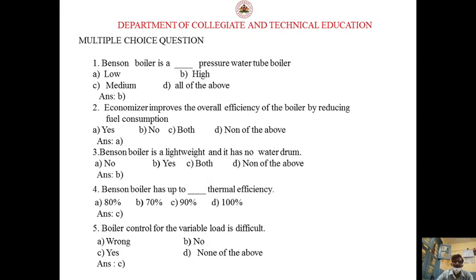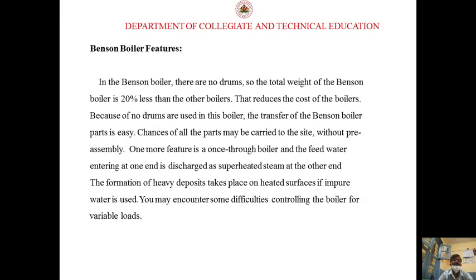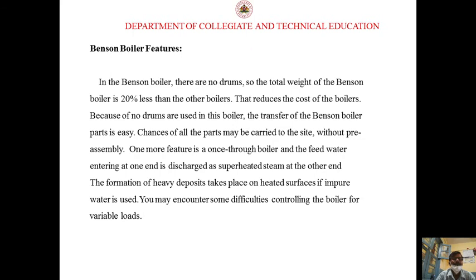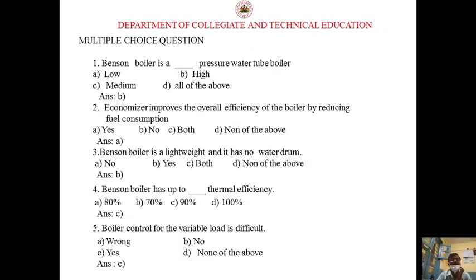So these are the working principle, advantages, disadvantages, and future of the Bunsen boilers. Next, you can move on to the multiple choice questions in this session.